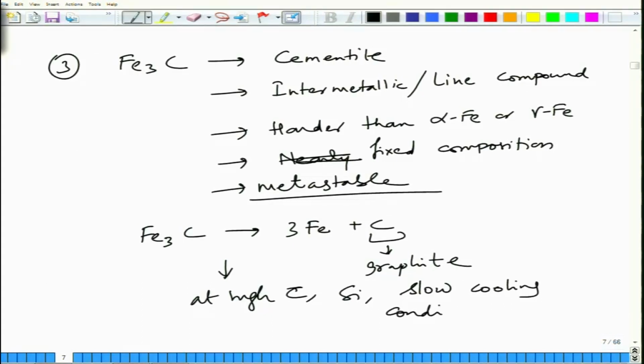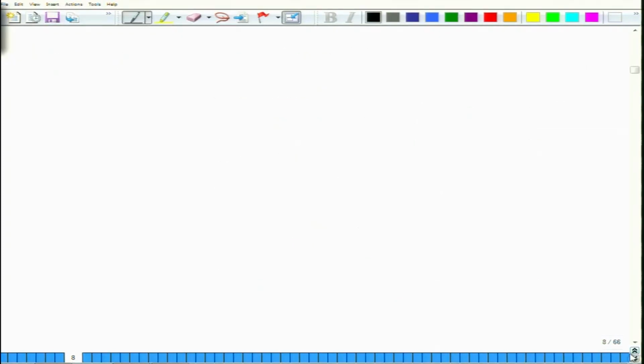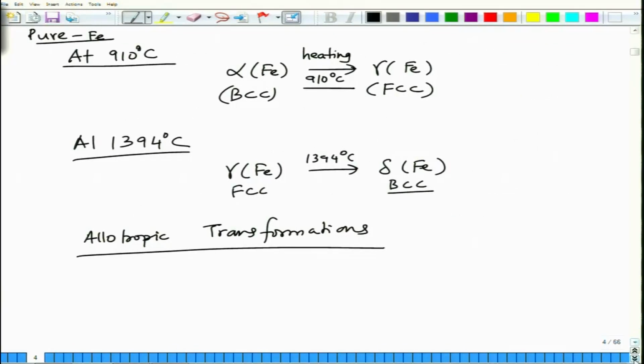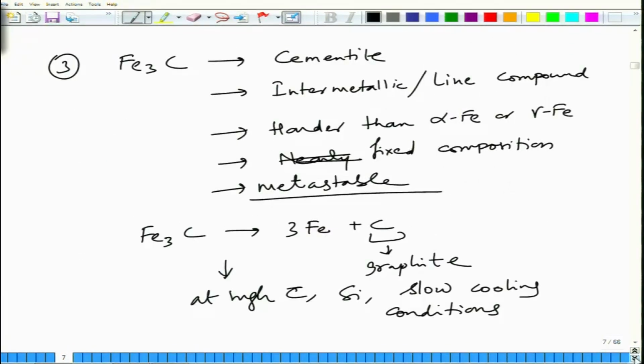So it is very much a reality in cast irons. It is the mixture of these phases, the morphology of phases, which determines the properties of a steel, and this is why understanding of the phase diagram of steel is extremely important. So let us just focus on the phase diagram of steel as of now.